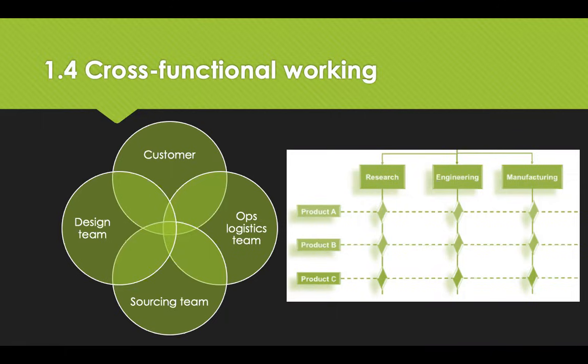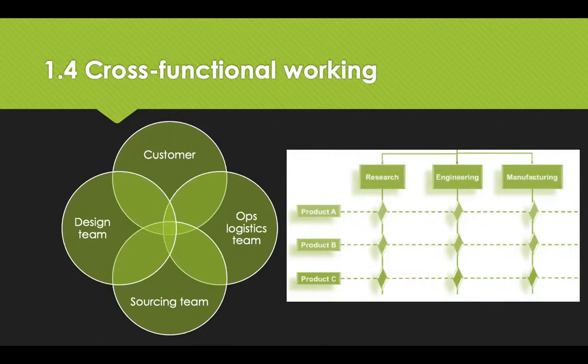Now, purchasers typically participate in teams dealing with sourcing, commodities, quality, new product development and service development. And what this does is it forms a matrix organisational approach, which is what you can see on the right-hand side. But this cross-functional team that we're looking at on the left focuses on design, customer, your logistics and operations team, as well as your sourcing team.